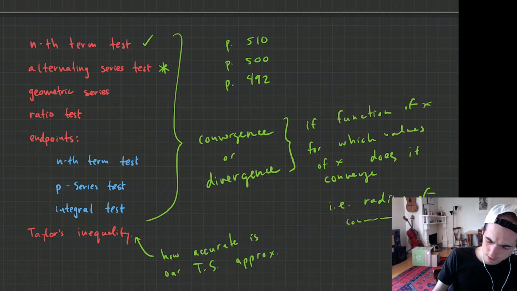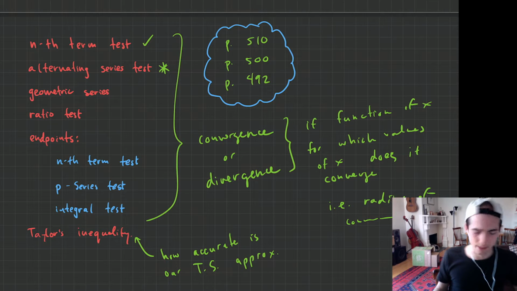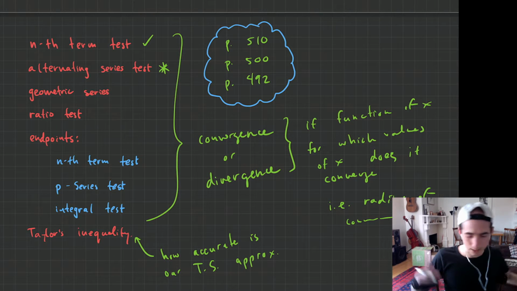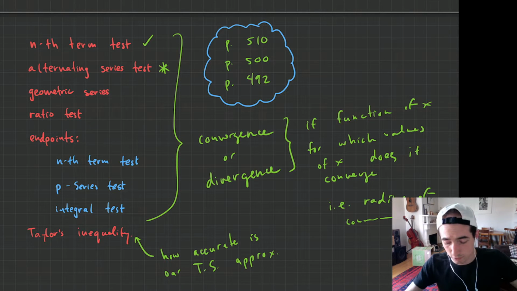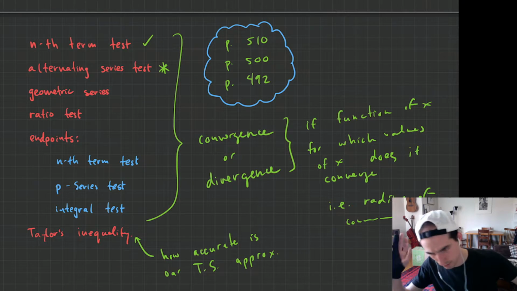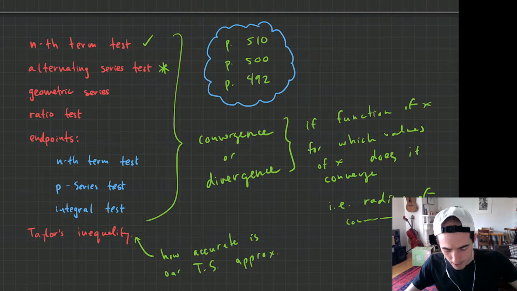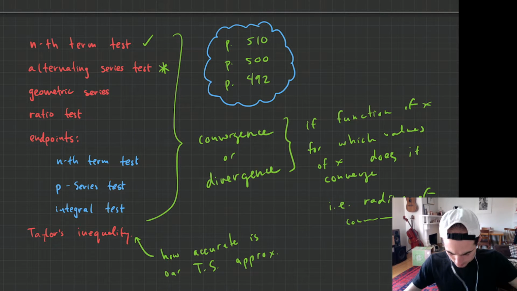So these are three great pages in your textbook. I would spend a little bit of time on them. I'm not trying to say that all the other pages are awful and bad, and I'm also not trying to say that if you read those pages then you don't have to read anything else in the book, but those are good pages to take note of, and I'd recommend that you look at them today.